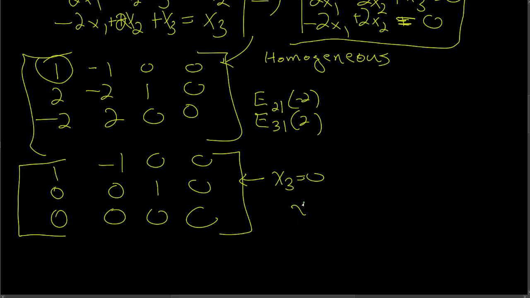And then we have x1 minus x2 equals 0, or x1 equals x2. And so we let x2 equal s and x1 equal s if we parameterize it. And I believe the solution in the back of some of the textbooks does not have this answer.